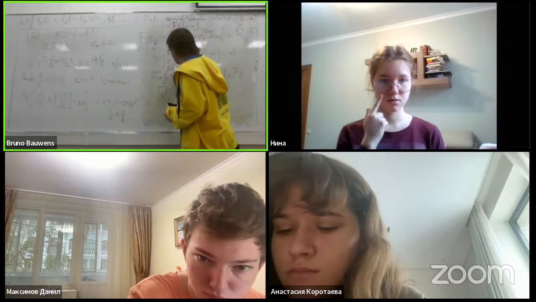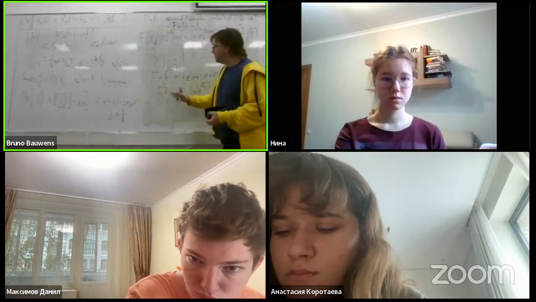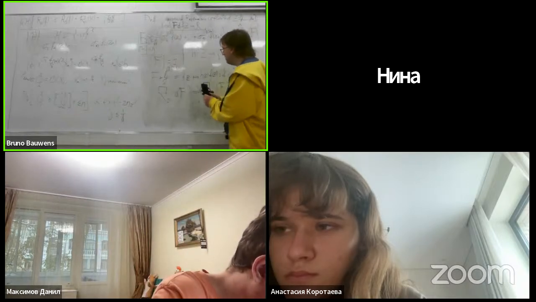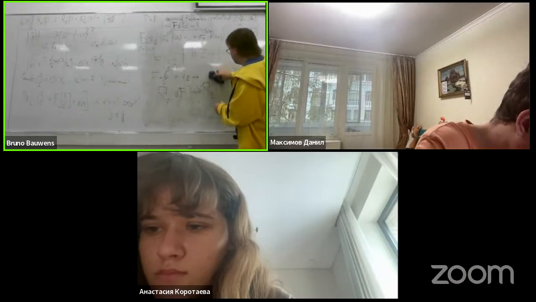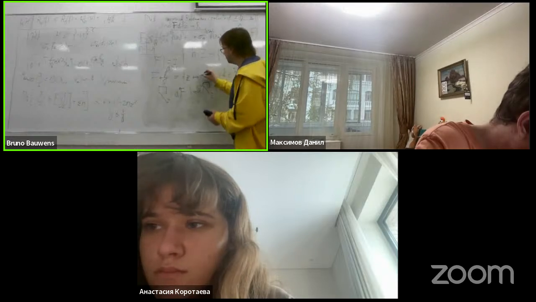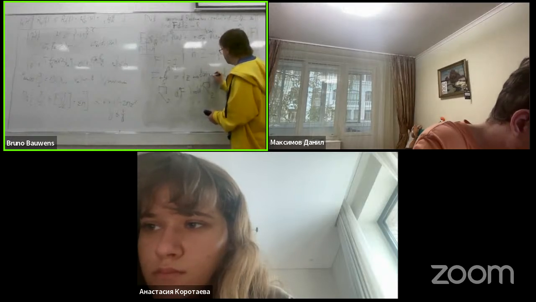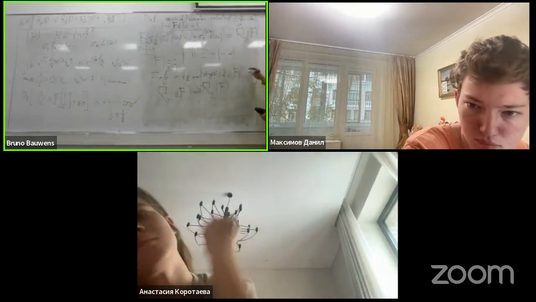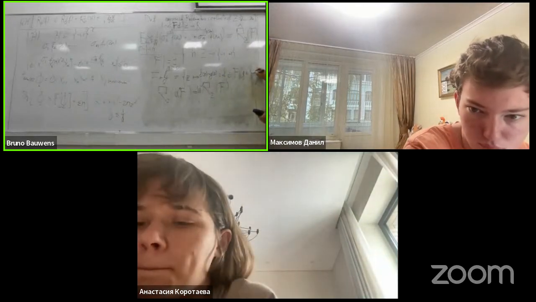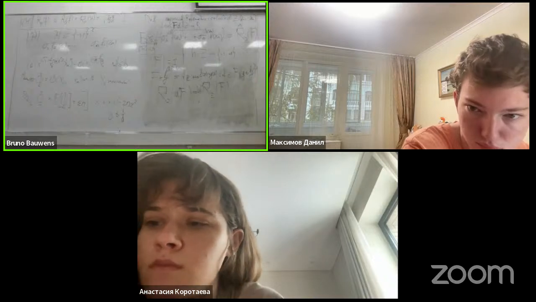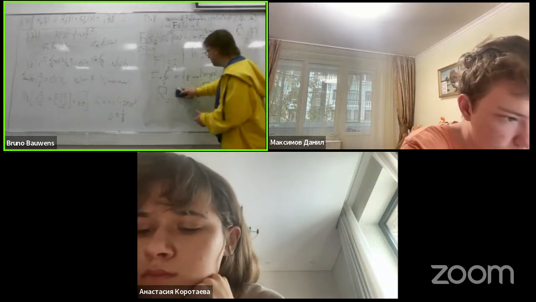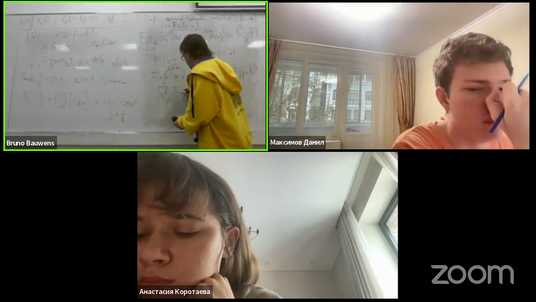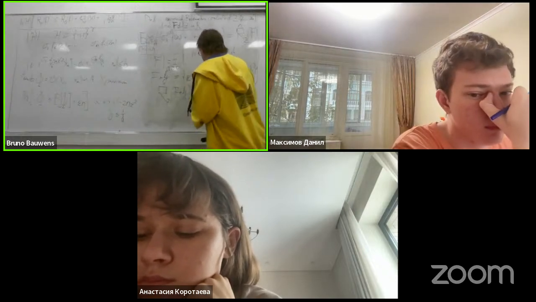So we have two classes of real functions, f and g, and we define the sum of them as the class of all functions that are sums from f and g: f of z plus g of z, for f in F and g in G. Now the question is, what is the Rademacher complexity of F plus G?